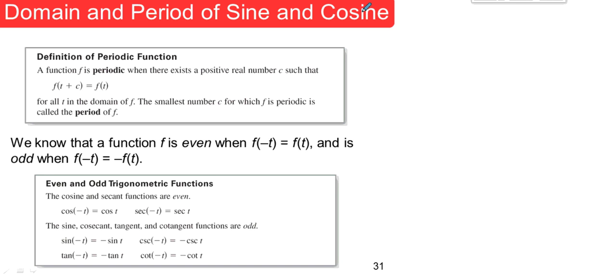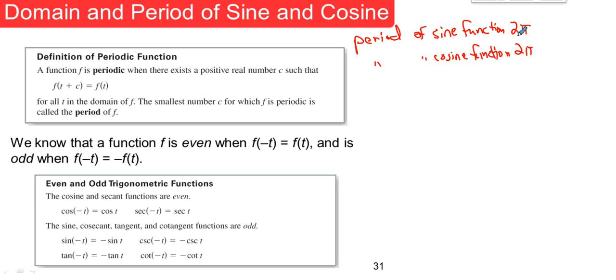Maybe you've had some experience with that. So the period of the sine function is 2 pi, and the period of the cosine function is also 2 pi.